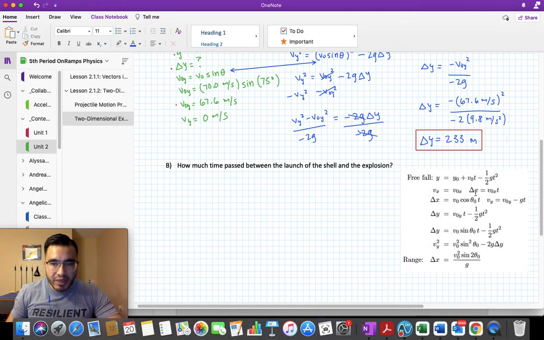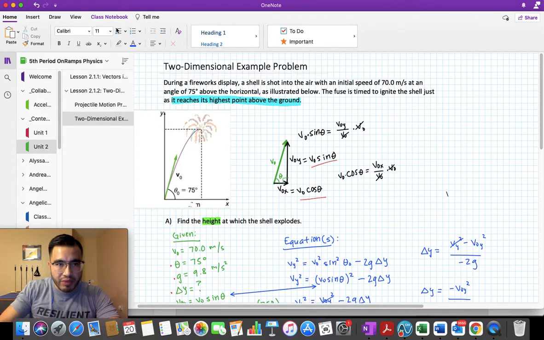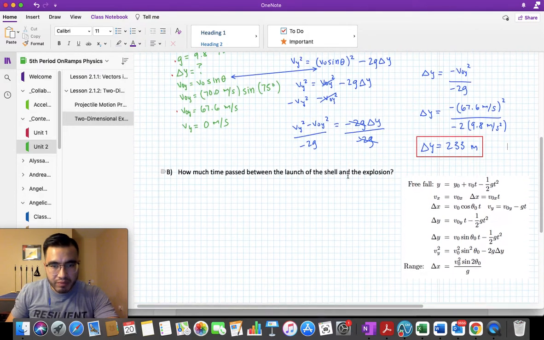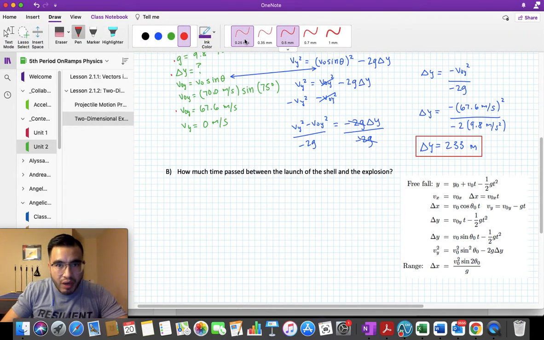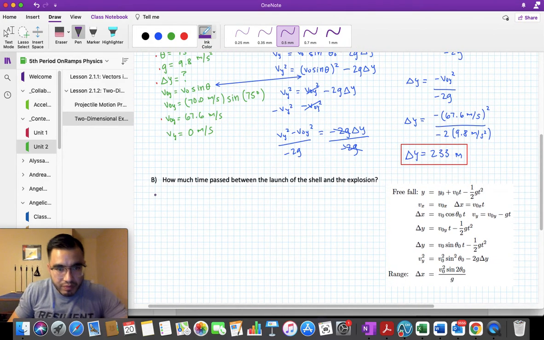We can use a combination of these equations because now we have delta y. However, I want to give you a new one. I'm hoping you guys remember when we derived that equation, which we call the bonus equation. So let me just recall. Bonus equation.